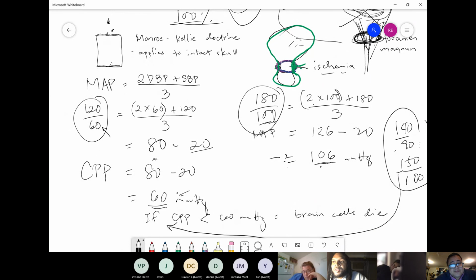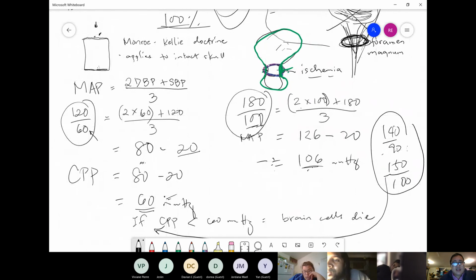All right? Yeah. Any question on this? What if your CPP is like way higher than 100? Let's say like 120. Well, the higher the better. So even if it's out of that range up to 100, like say go up to 130, that's not bad? Well, the problem there is not really the CPP, it's now the blood pressure.